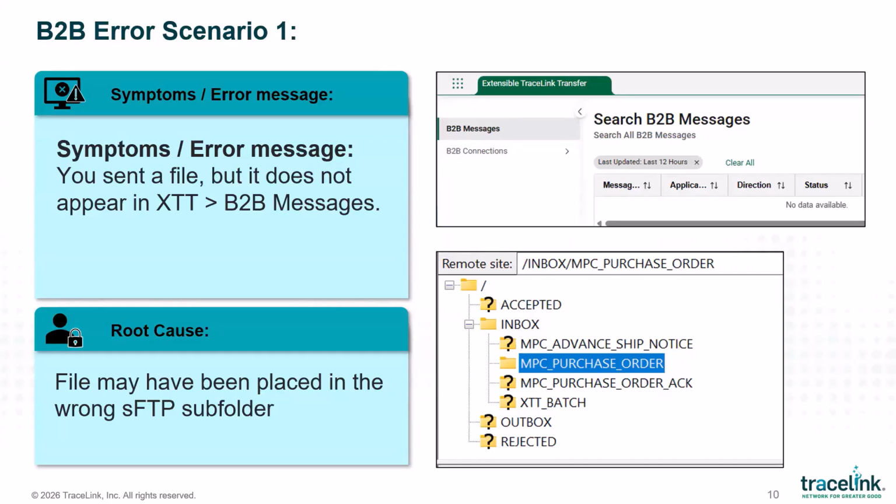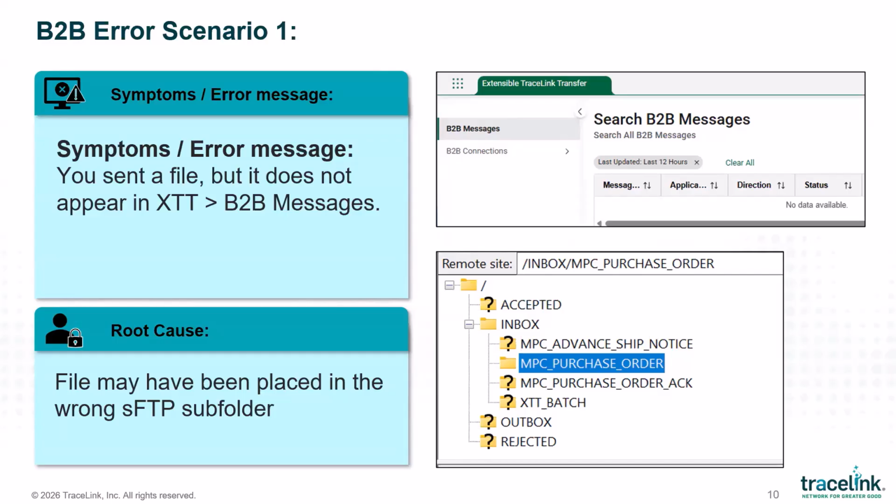For example, if you're sending a purchase order, the file should be placed in the assigned folder, such as Inbox MPC Purchase Order. If the same file is accidentally uploaded to another folder, such as Inbox MPC Advanced Ship Notice, then the file may not be picked up or processed as the expected transaction type, and it might not appear in XTT B2B messages as anticipated.